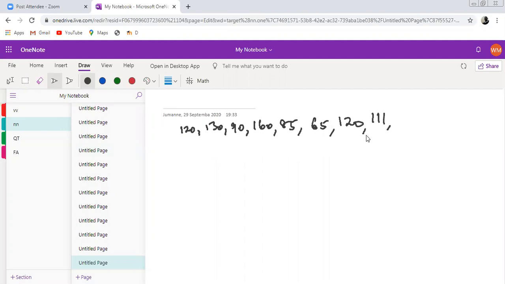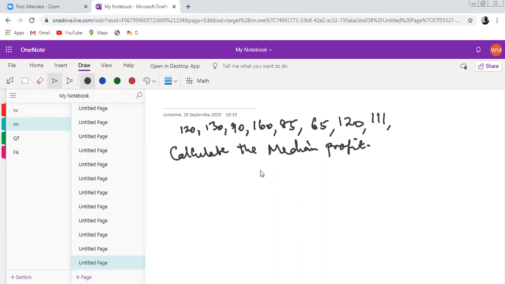These are the profits of 8 farms in thousands. Now you are told, calculate the median profit. So first of all, arrange them from the smallest to the highest.